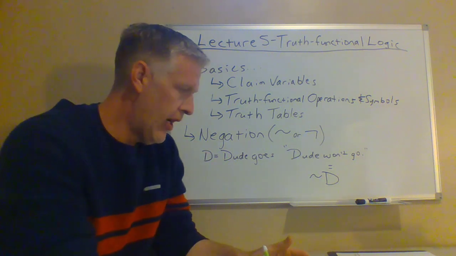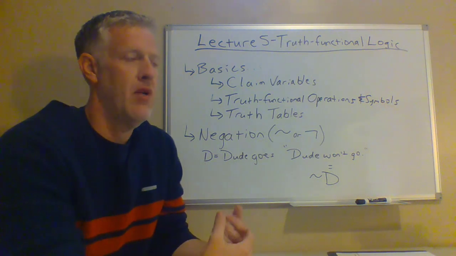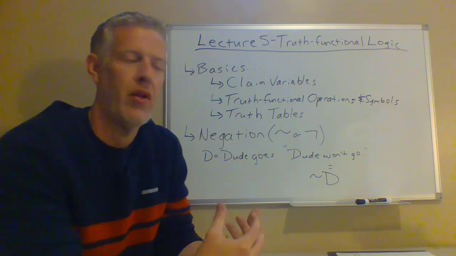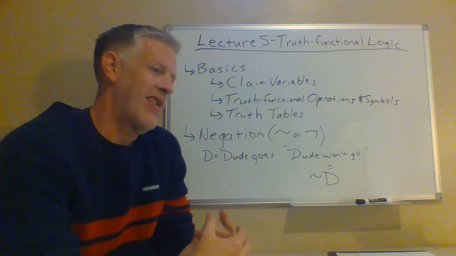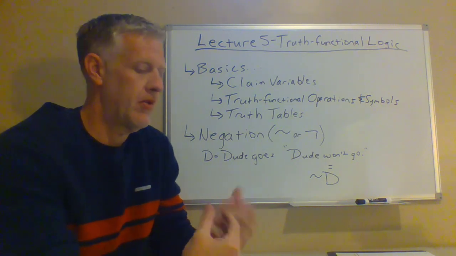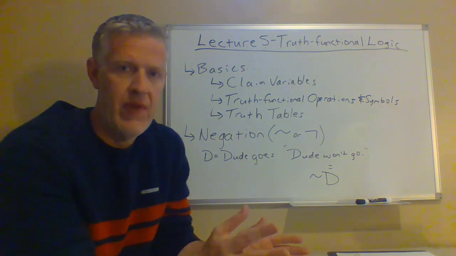So much like the last video, there's a lot going on in this lecture. We'll have to unpack a lot, but I keep mentioning this, right? It is one of those things I think that with practice, these truth tables seem very daunting at first, especially if you've never done anything like it.